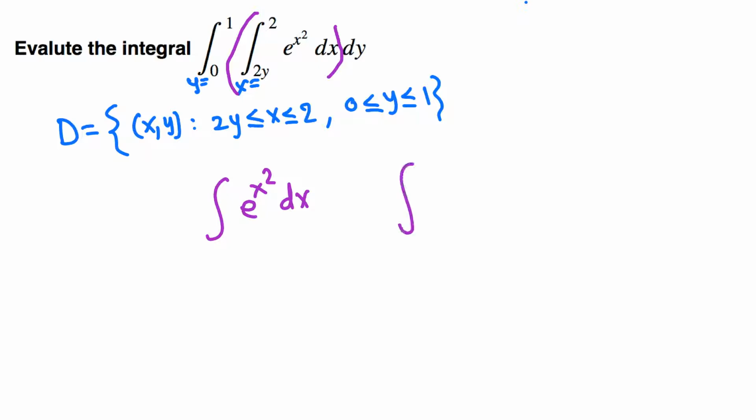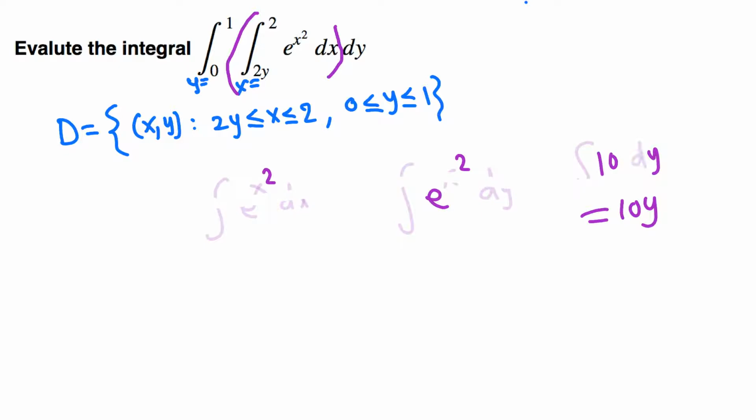If we have dy here, this will be the easiest thing to do, because e^(x squared) behaves like a constant with respect to y. So you can just think of it like the number 10, and we know the integral of 10 dy is just 10y. So we will switch the order of x and y, then our life will be easier.